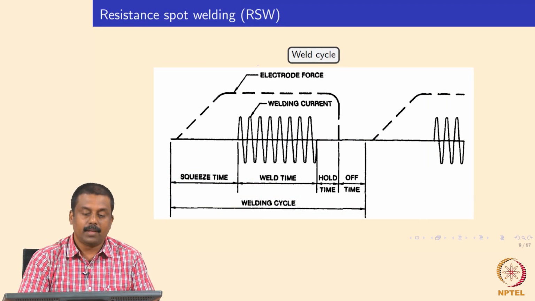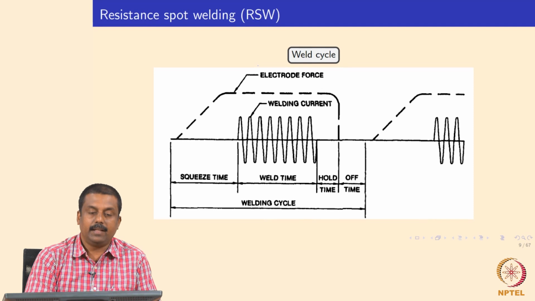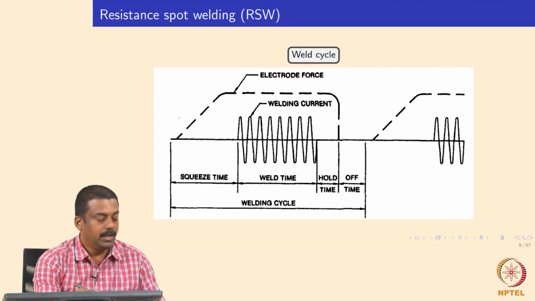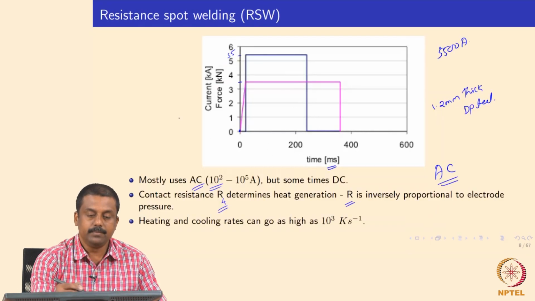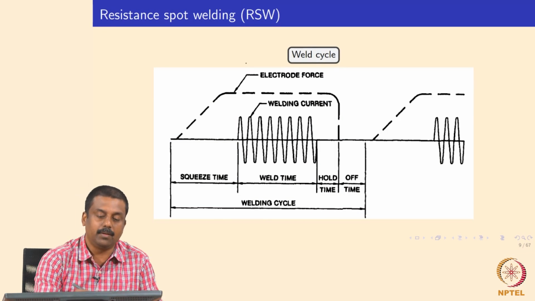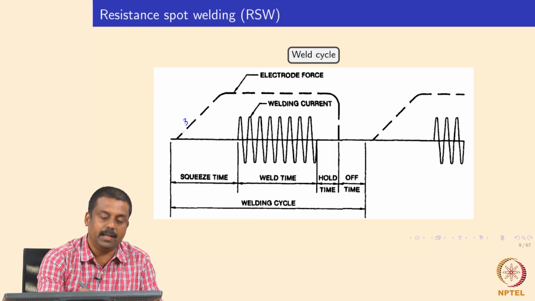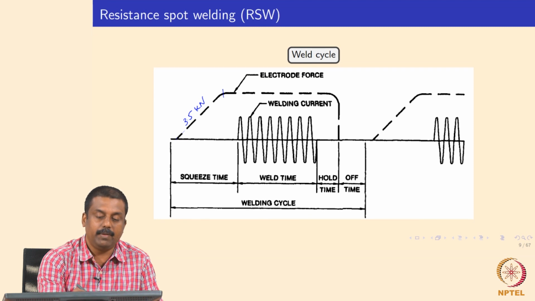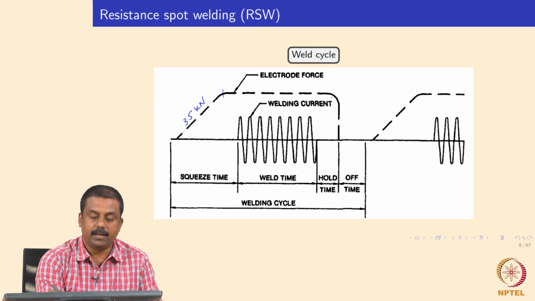In a very simplified resistance spot welding cycle, we have an initial squeeze time where we start applying a load, according to the previous graph, 3.5 kilonewtons. Once we finish applying 3.5 kilonewtons, we maintain that load throughout the weld thermal cycle.